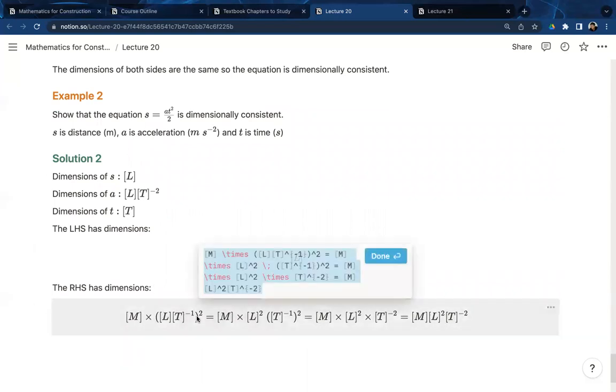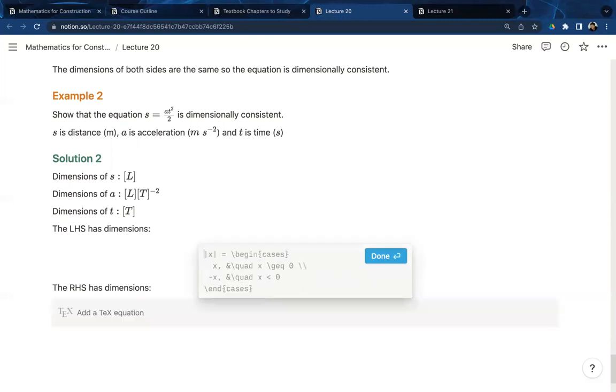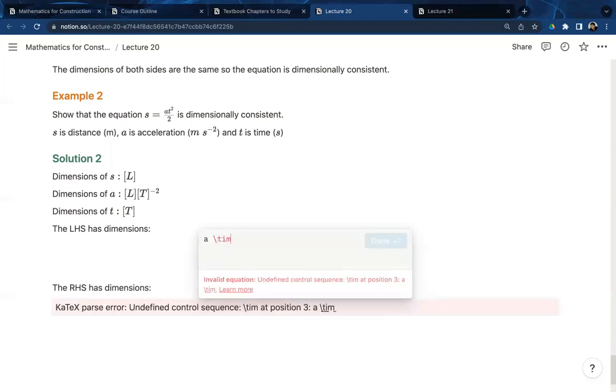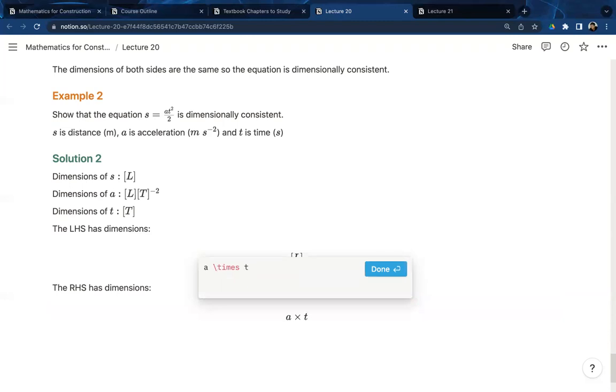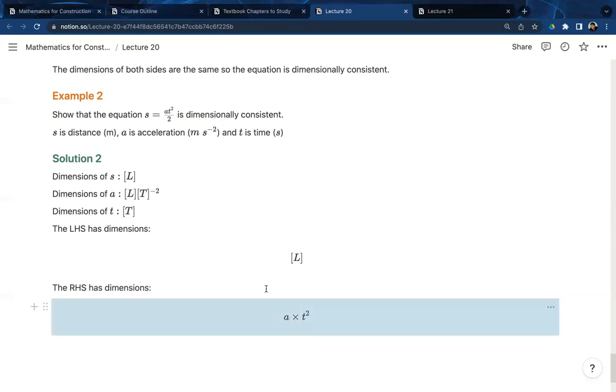So what we have is A times t squared, right? Forget about the 2. The 2 is a constant that has no dimensions, that's dimensionless.